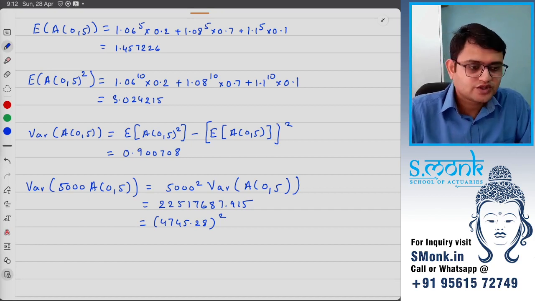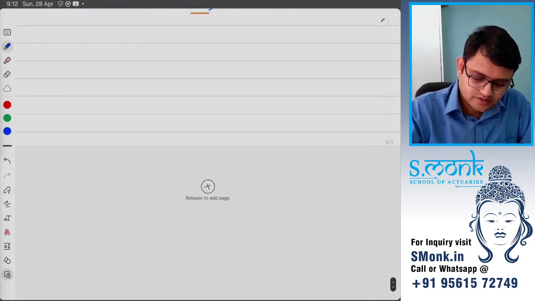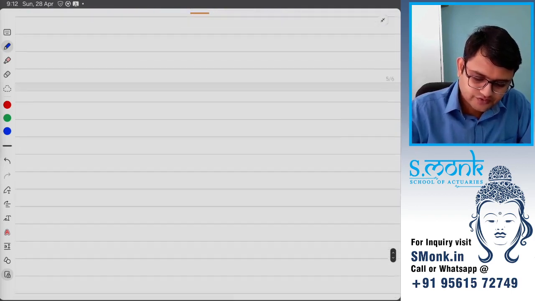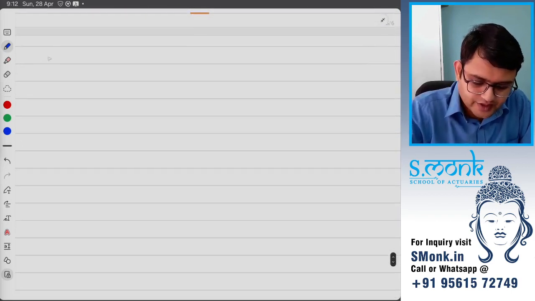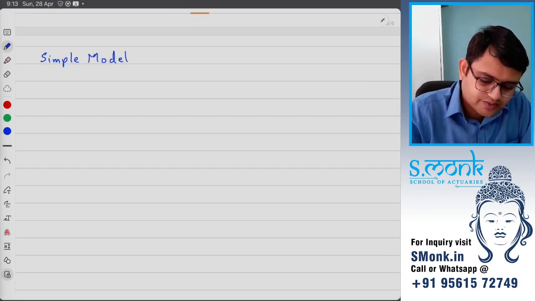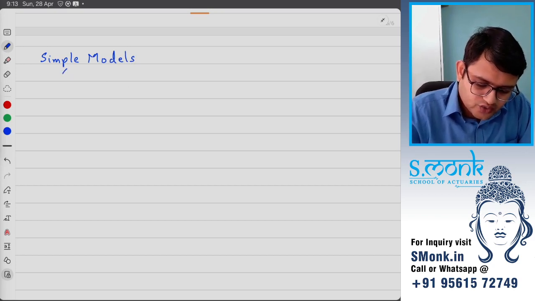Now this was a fixed rate model. So if you remember, yesterday we said we are talking about simple models. In that we had two main types of models.